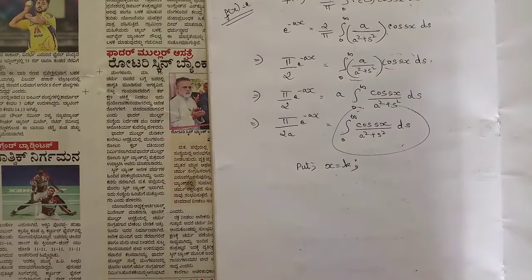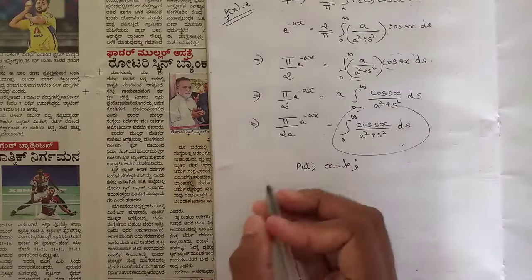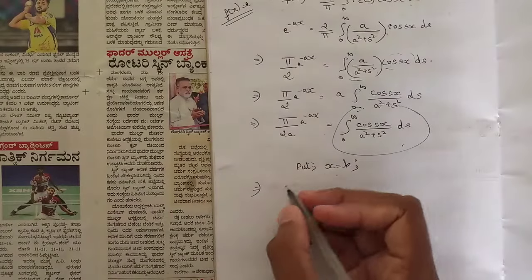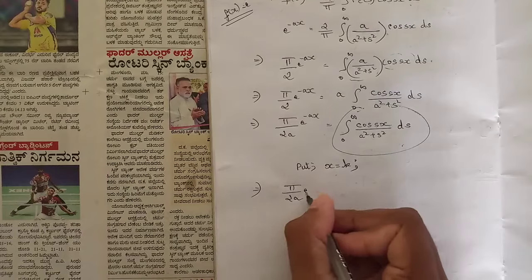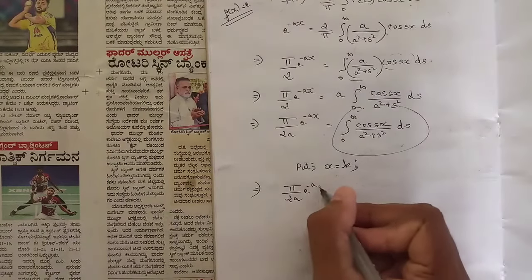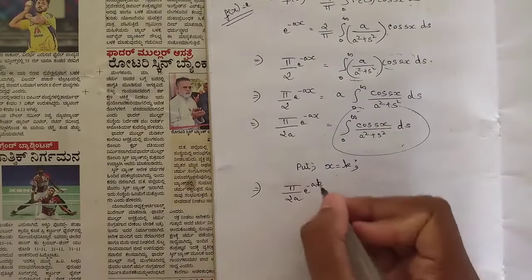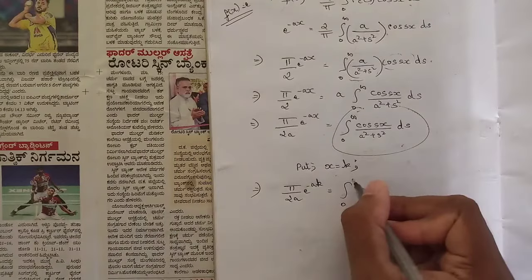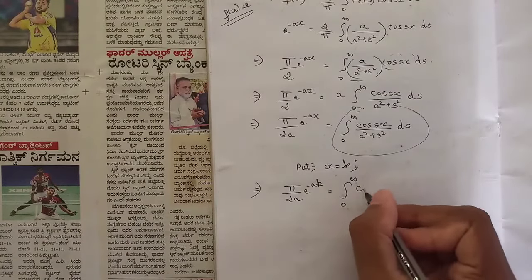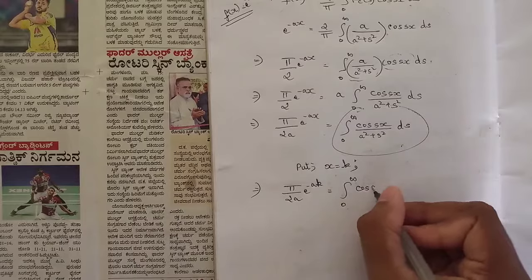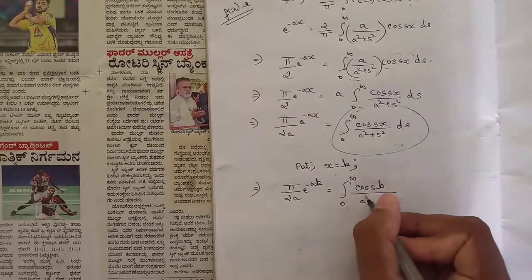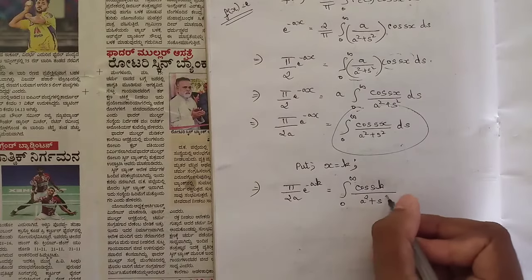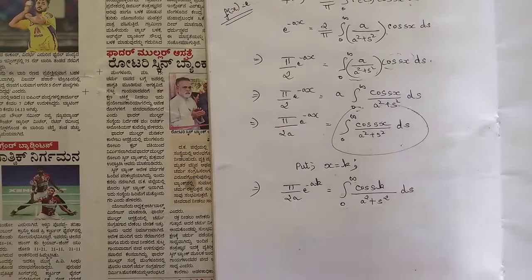In the whole equation, we replace x with k. So now the whole equation becomes pi by 2a e to the power minus a, and now x is replaced by k, so it will be e to the power minus ak, 0 to infinity cos s, and the value of x here is k, divided by a square plus s square into ds.